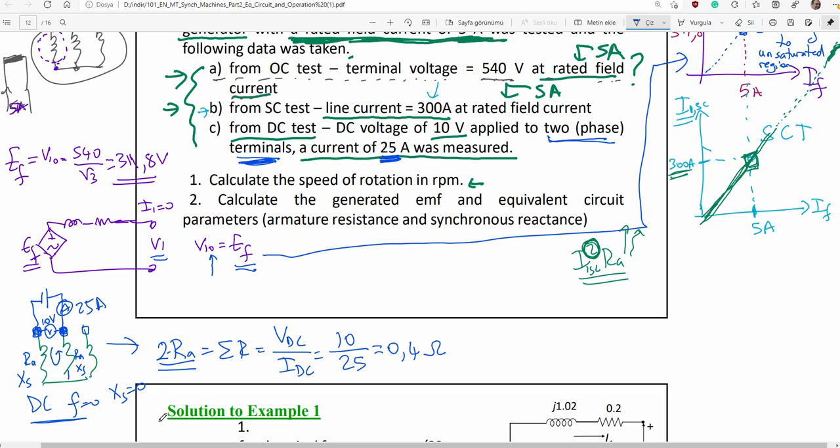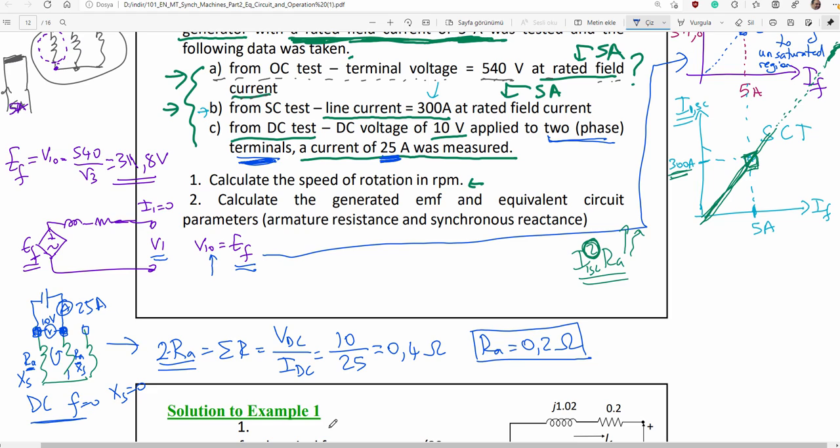Ladies and gentlemen, that was double Ra. You interpret from the figure. You should draw the figure. So Ra is simply 0.2 ohms. That is the armature winding resistance you have found experimentally.